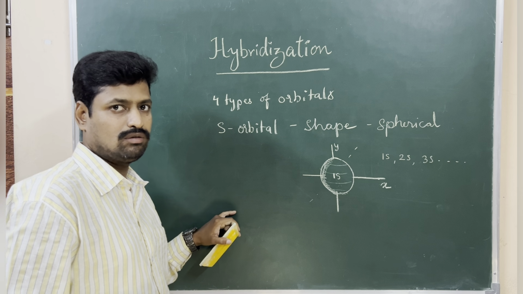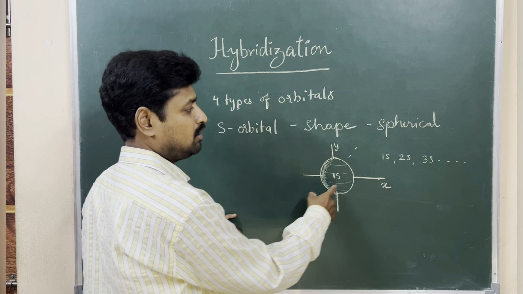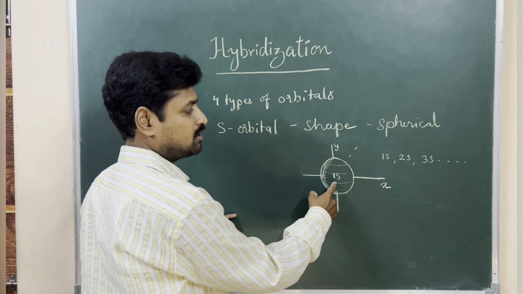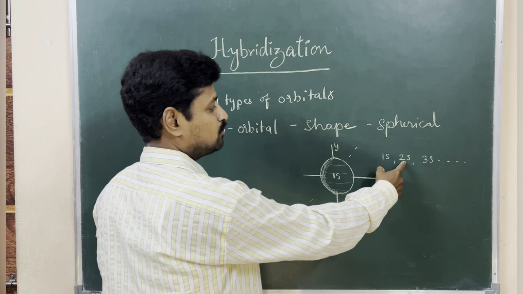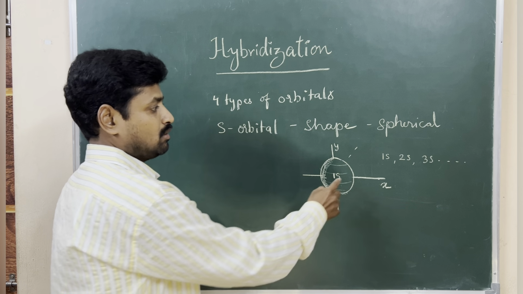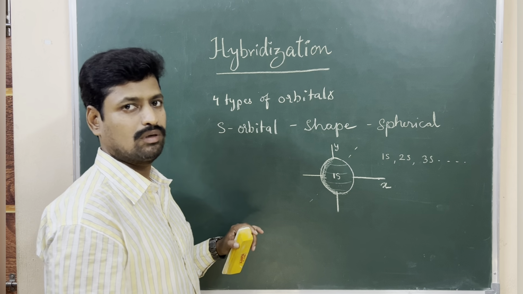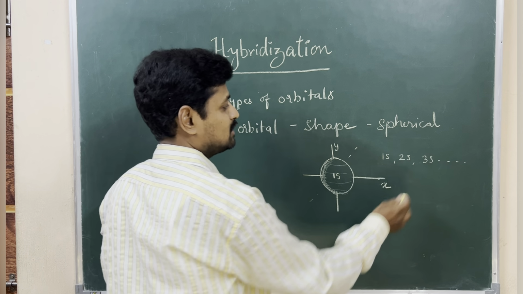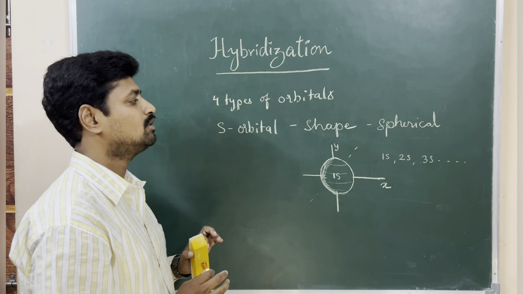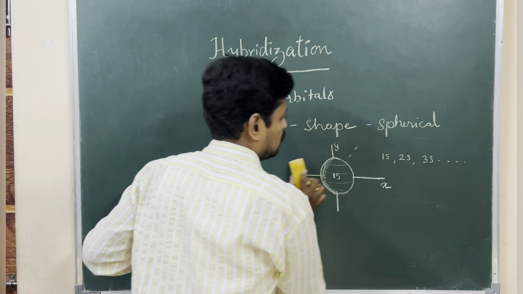One more point to remember: the 1s orbital is smaller than the 2s orbital, and the 2s orbital is smaller than the 3s orbital. So as the number increases, the orbital size also increases. That point you need to remember.